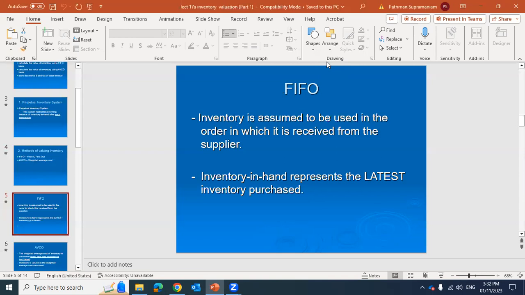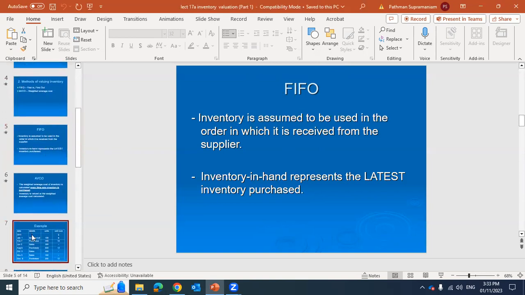So this means that when we remove inventory from the warehouse, we are going to remove the oldest inventory first. The inventory which came in first will have to be removed first. If you keep doing this, at the end of the day, the balance of inventory in hand would represent the latest inventory purchases.